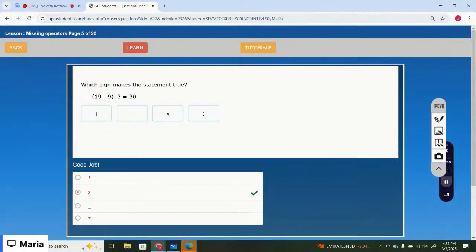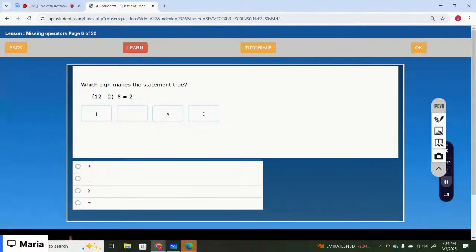Next, which sign makes the statement true? 12 minus 2 is 10.